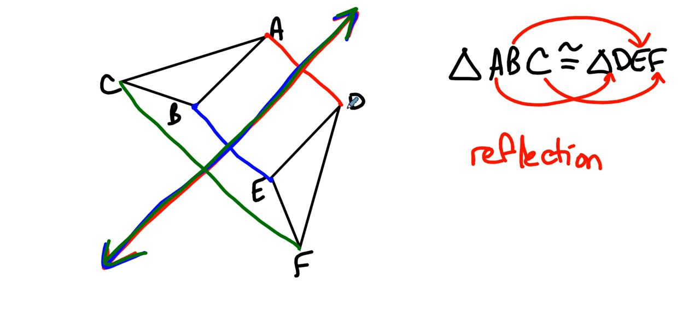All of the points on the perpendicular bisector of AD are equidistant from A and D, which means they are equidistant from B and E, which means they are equidistant from C and F. So when we look for the reflection line, we can do that by taking one point and its image and then finding the perpendicular bisector of the segment with those as endpoints.